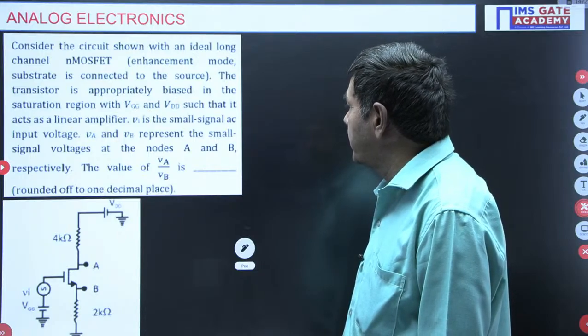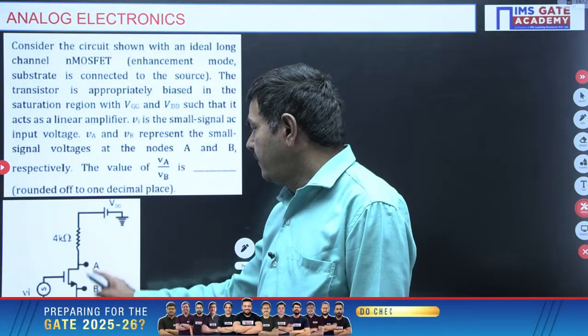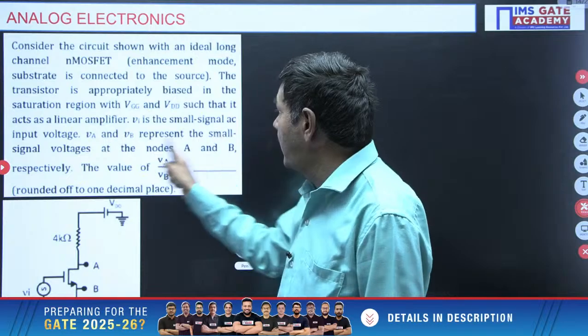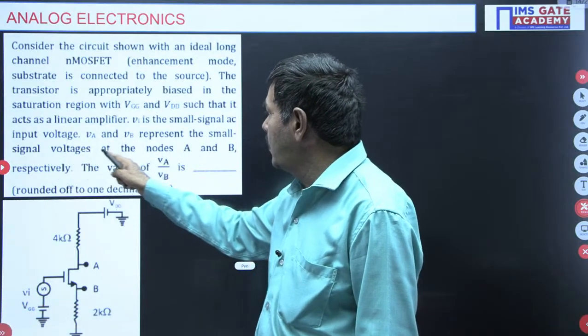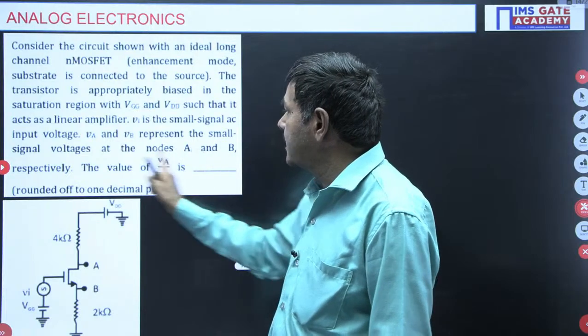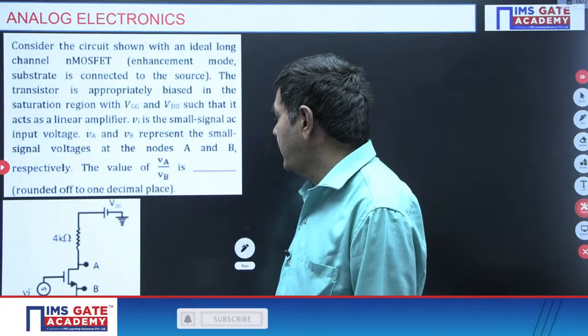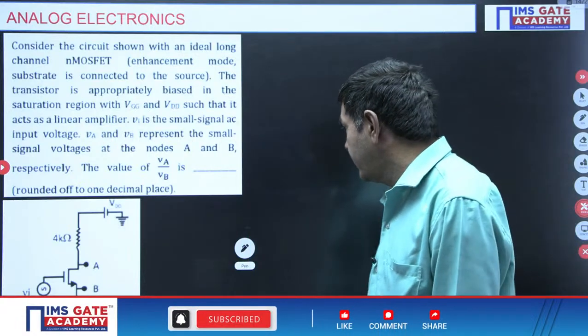VA and VB represent the small signal voltages at the nodes A and B respectively. The problem clearly gives that they are small signal voltages. We are asked the value of VA by VB, the voltage at point A divided by the voltage at point B. That ratio is required from this problem. Understand? How can we get that value?